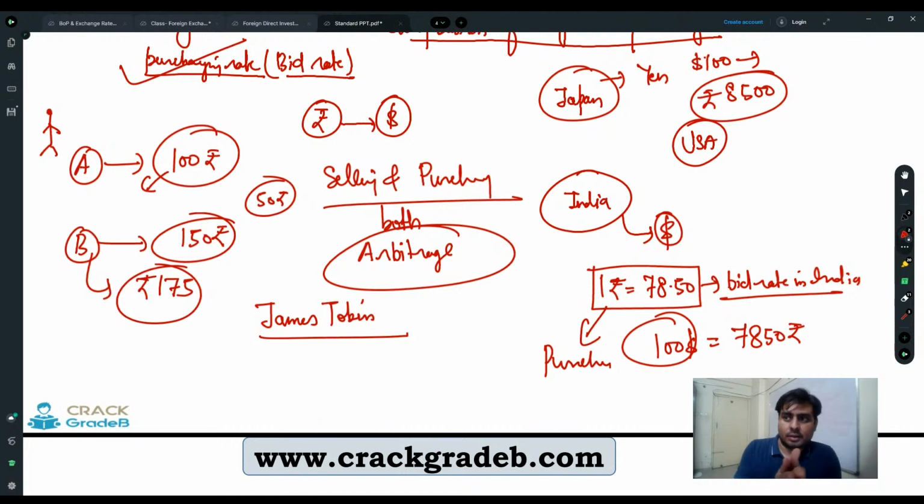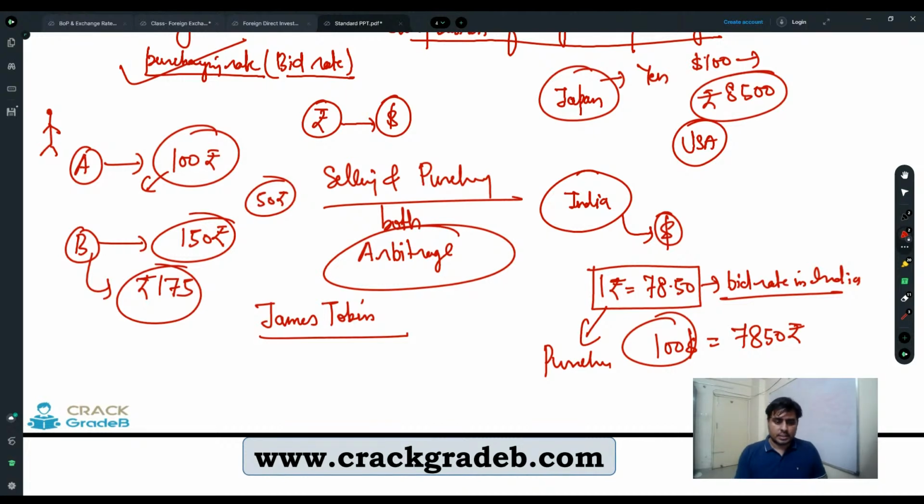Because through arbitrage people can make a huge profit, and to make it they artificially create a scarcity or increase the supply. So James Tobin has suggested that whatever profit is made by selling and purchasing foreign currencies, that amount must be taxed, so that we can decrease the volatility in the foreign currency exchange market.